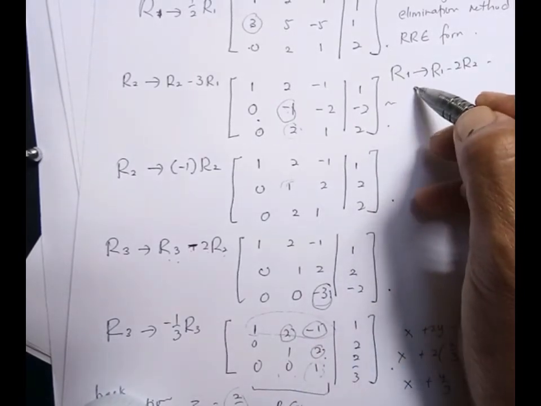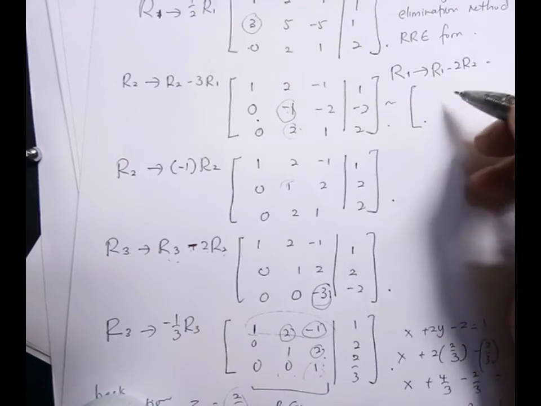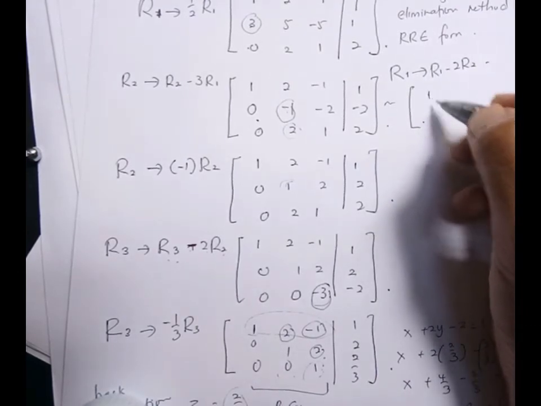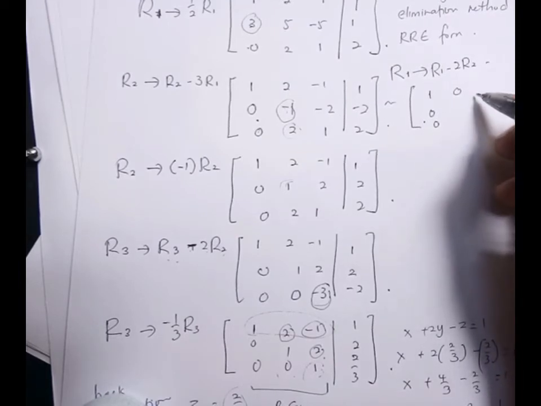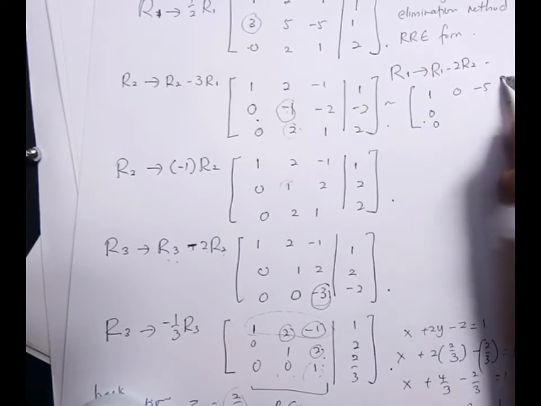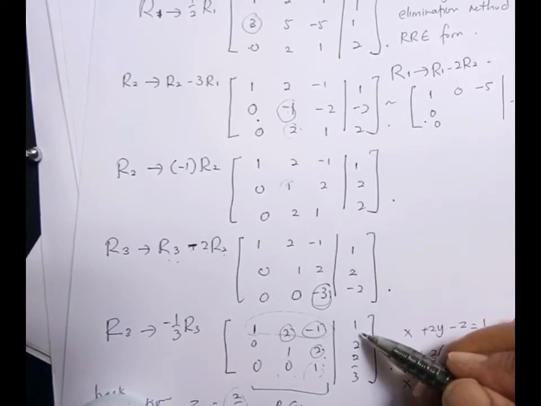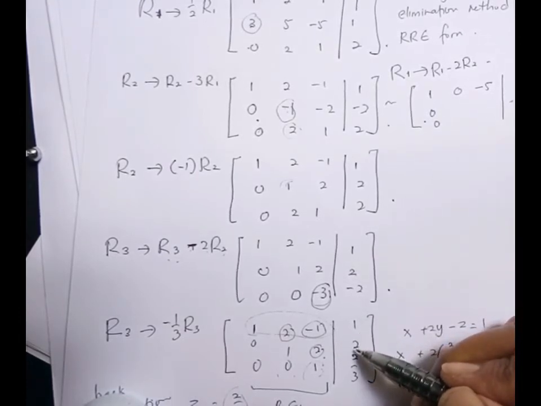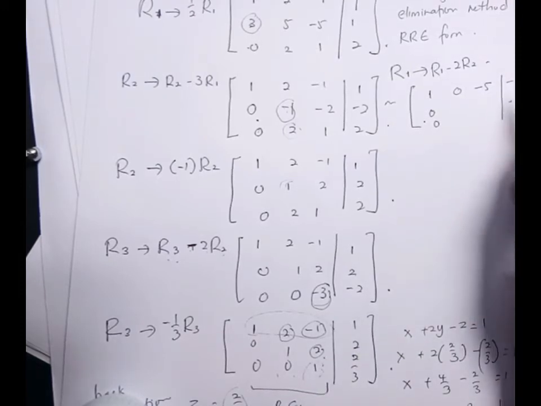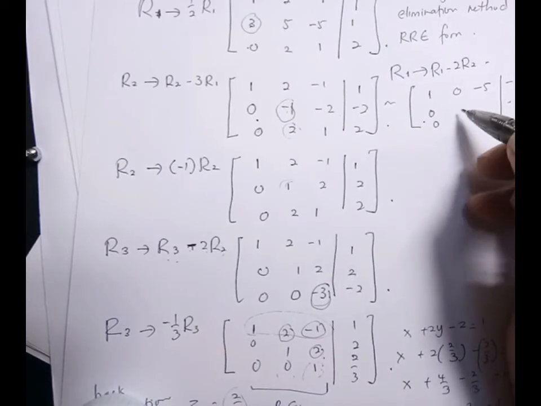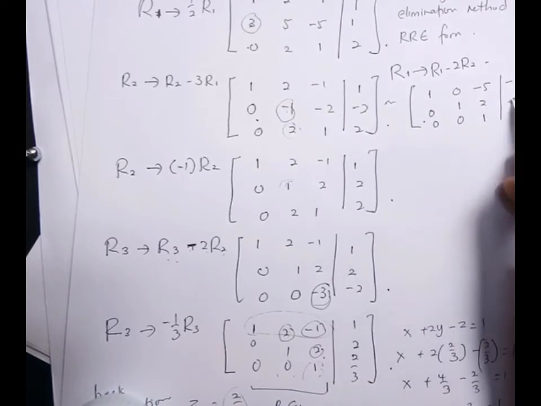So we have here 1, 0, 0, 0, and then minus 1, minus 1, minus 4 is minus 5. And then 1 minus 4 is minus 3. The rest is the same, 2 over 3.